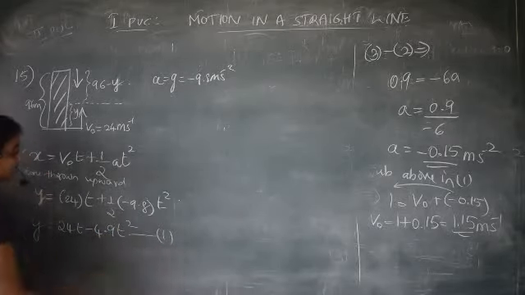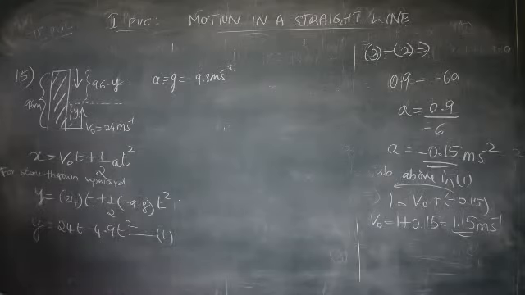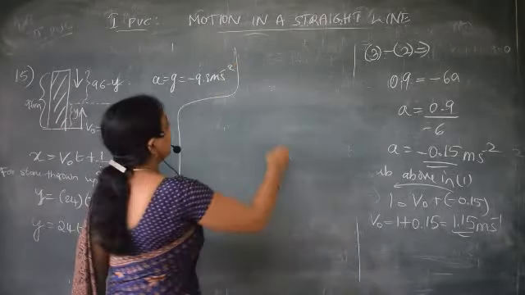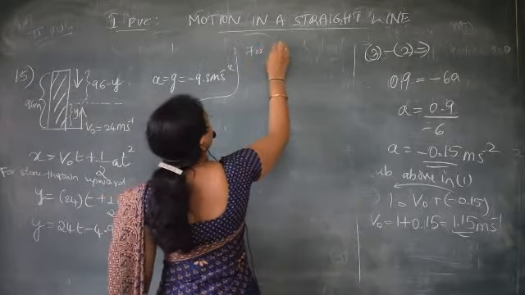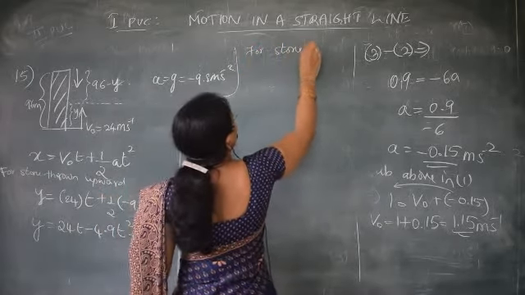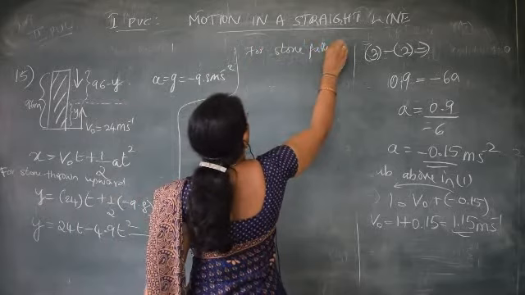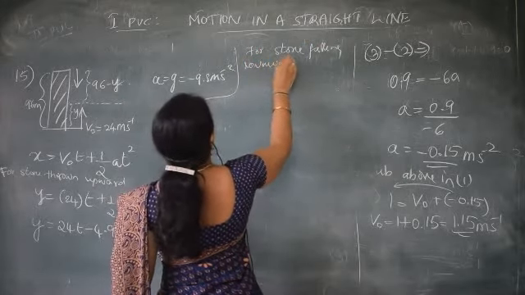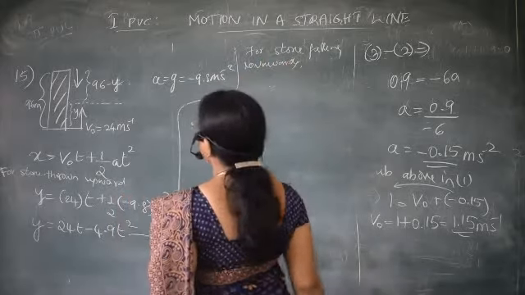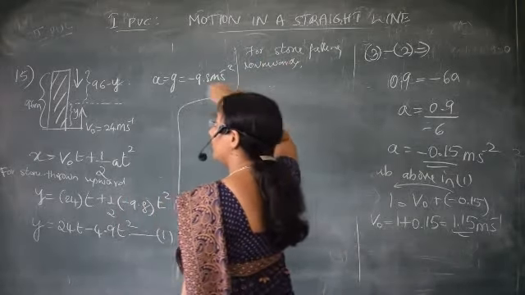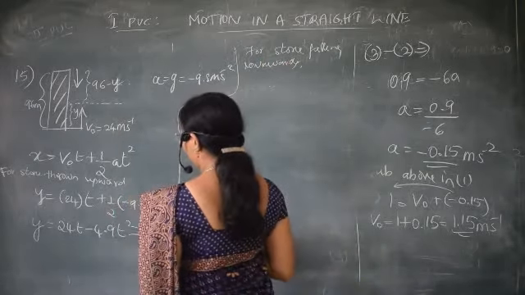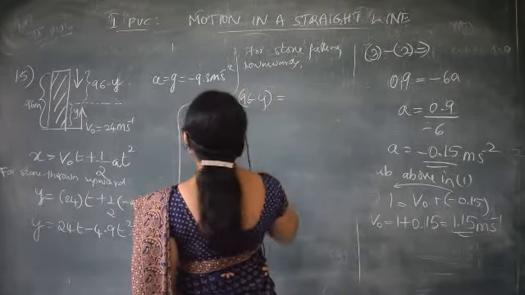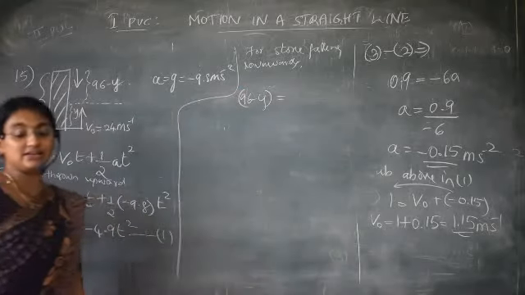Let it be equation number 1. For a stone which is falling downwards, where will they meet? 96 minus y, correct? 96 minus y is equal to... what is the initial velocity here?